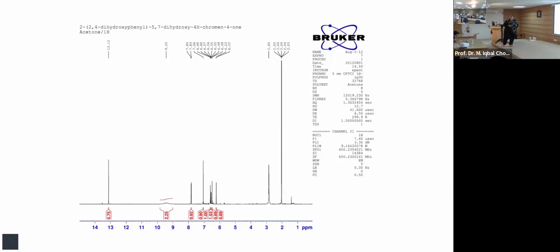In some probes we can have only the proton channel, but there is no use, as we are not using proton NMR only. So here the F1 channel, the first nucleus we are going to record, is proton, right?